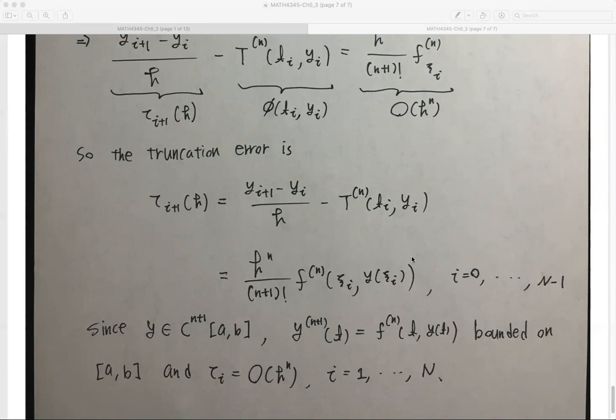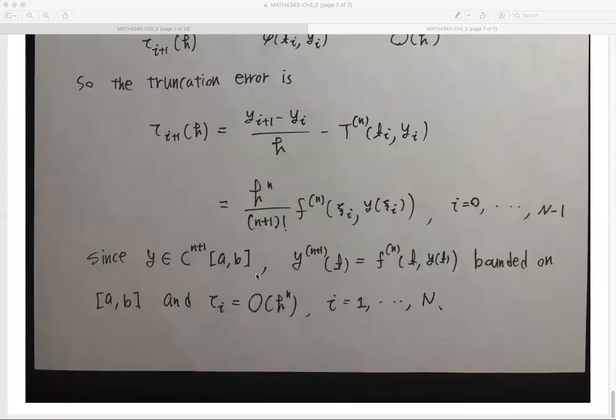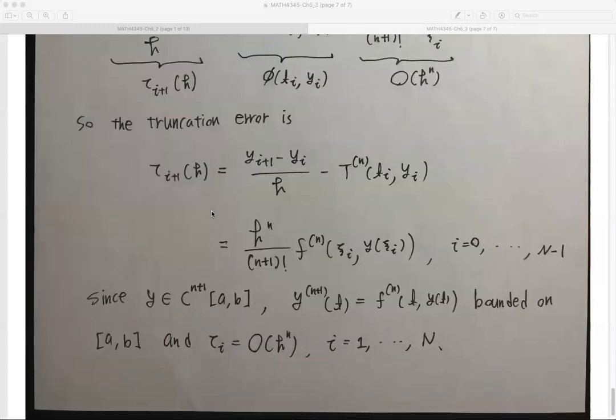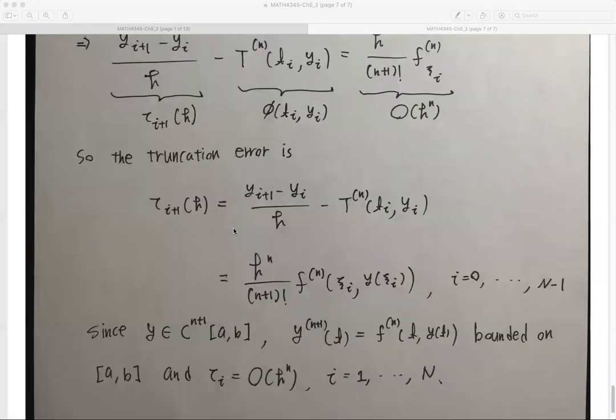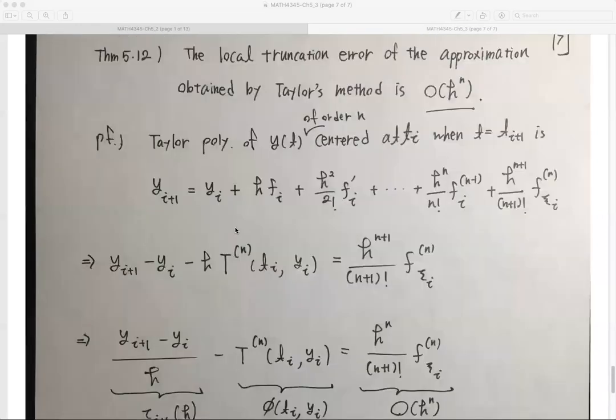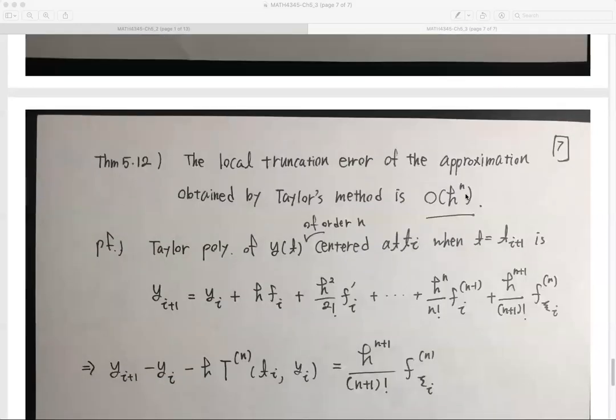So the value of this term depends on h. So tau i+1(h) is big O of h to the nth power. That's why the truncation error of the Taylor method is big O of h to the nth power.